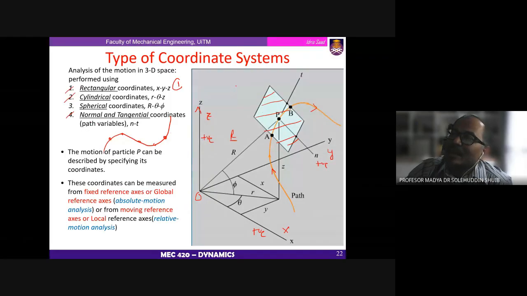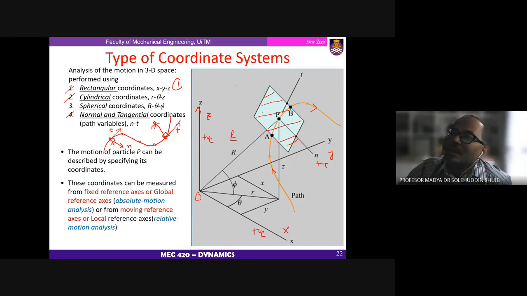That's why they call it path variable. Here the tangential is tangent to the path, and normal is perpendicular to this tangent. Same thing here at A. This is tangent to the path, and normal is perpendicular.